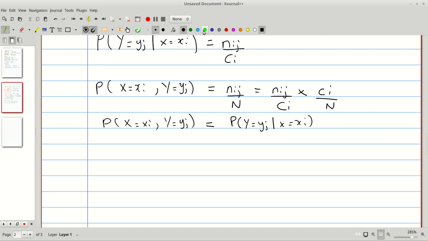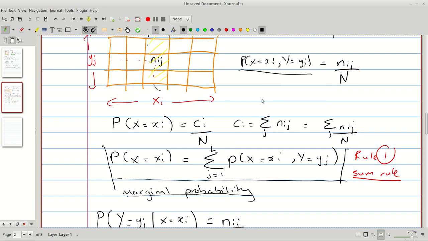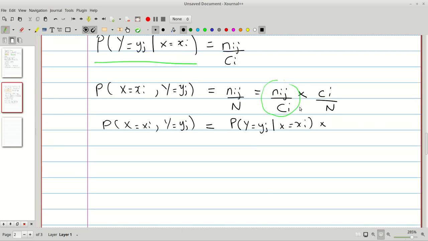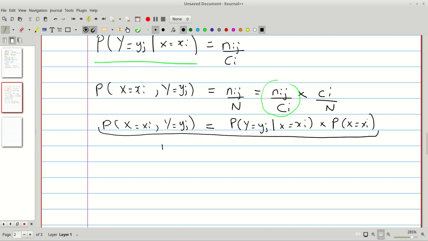So this is multiplied by ci over n. Do you remember what ci over n is? I can show you. It's right here. It's the probability that x equals xi. So we're just replacing these variables. And with that, we come to our second rule, which is known as the product rule of probability.